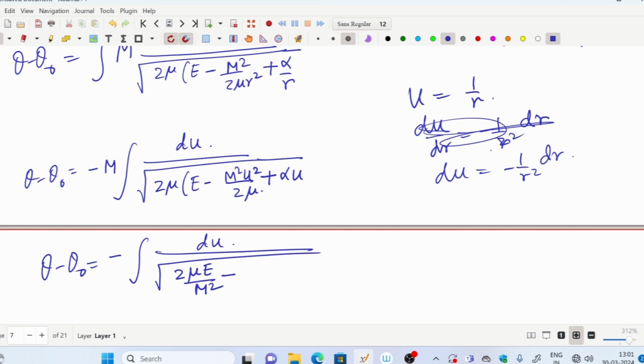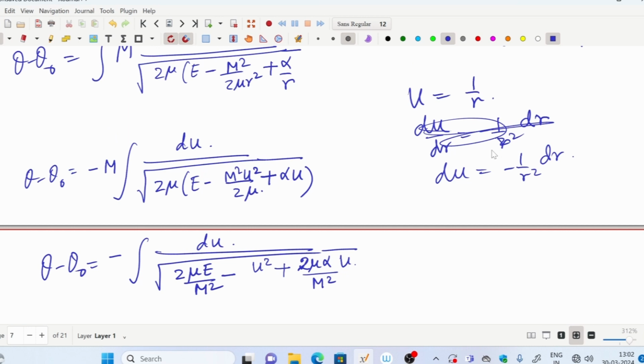And then you will have minus u square, plus 2 mu alpha u over m square, because 2 mu is multiplying.